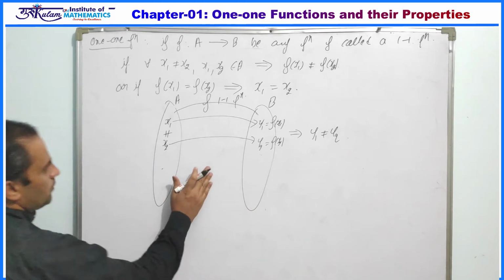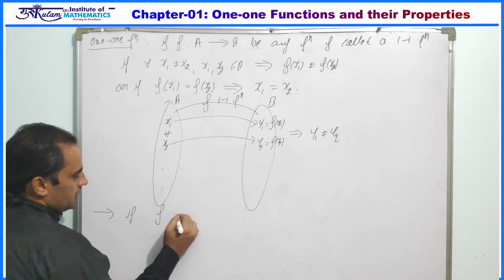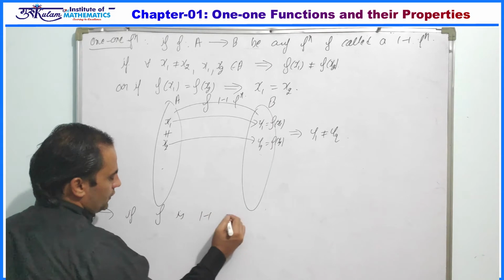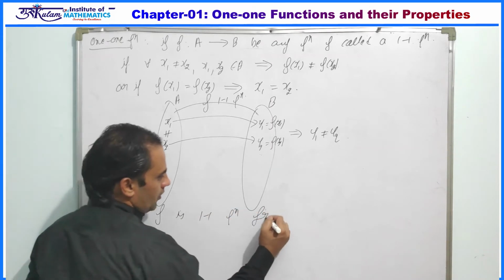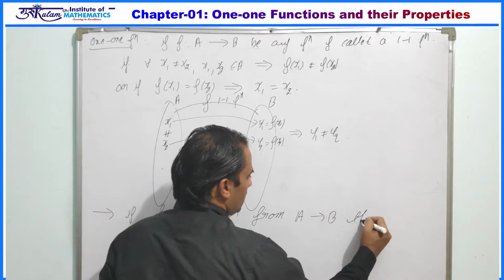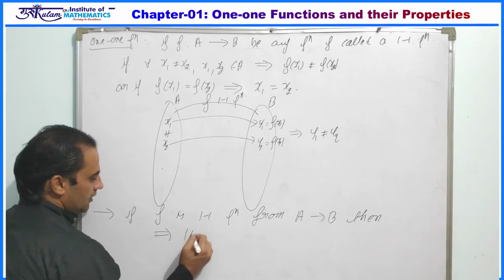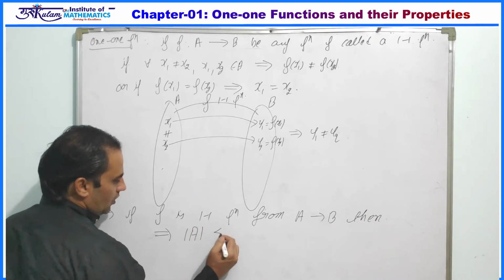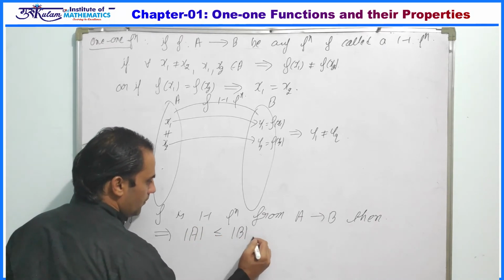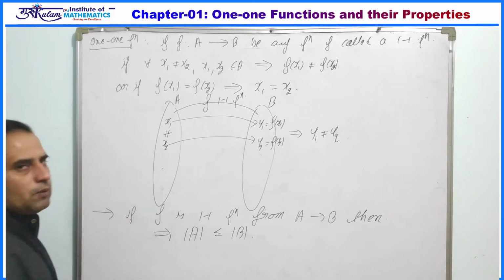So based on this property we can directly write down, if f is a one-one function from A to B, then obviously the number of elements in A is always less than or equal to the number of elements in B. So this one is an important property.